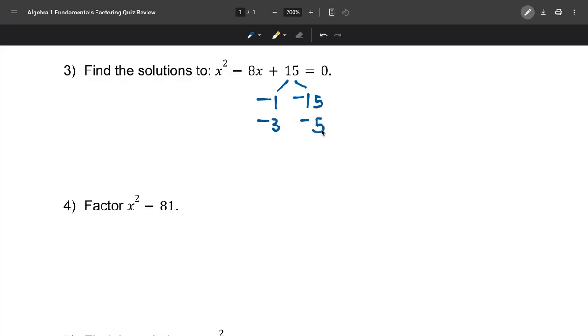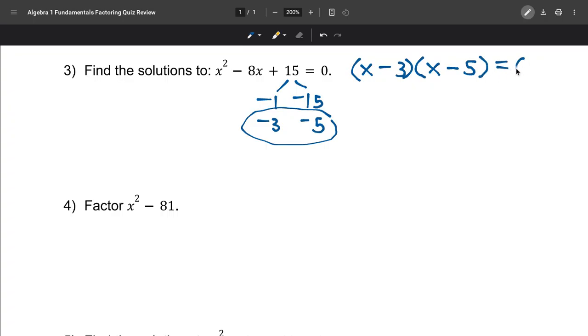Now, negative 3 times negative 5, they multiply to positive 15, but add to negative 8. So that's the pair I want to select. So I can rewrite this equation as x minus 3 times x minus 5, and that is equal to 0.